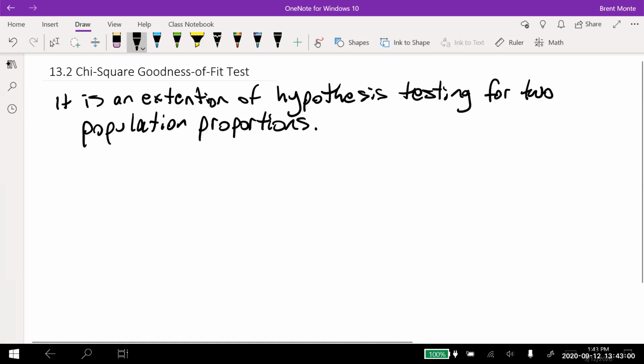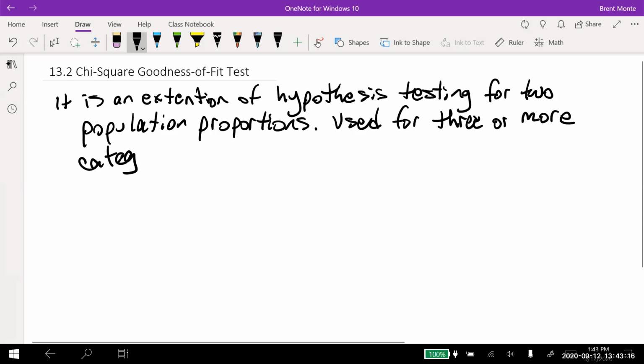So if we have 3 or more categories that we want to look at, it's used for 3 or more categories compared to some known distribution.